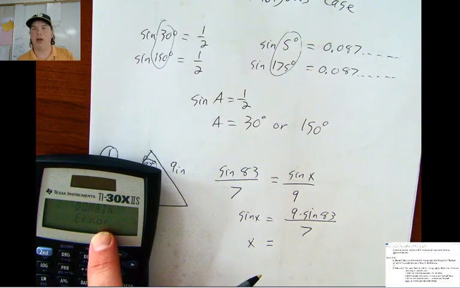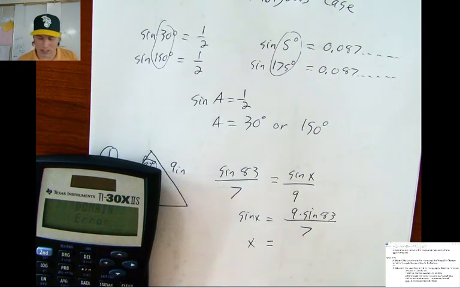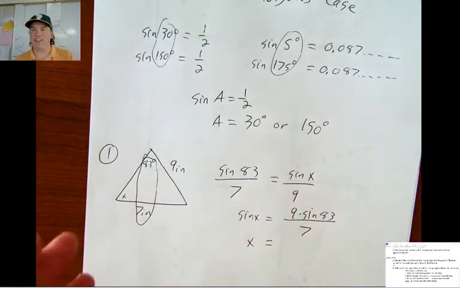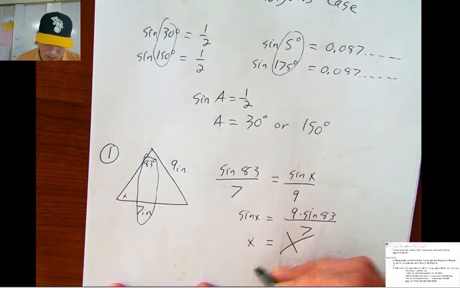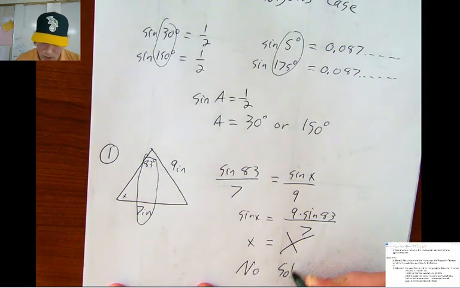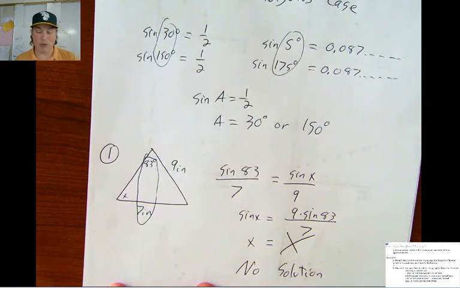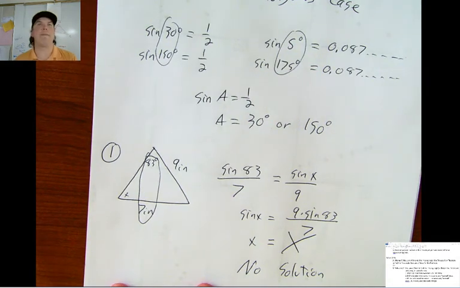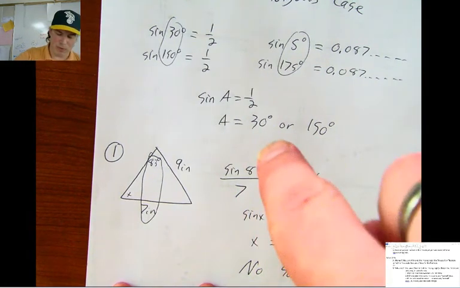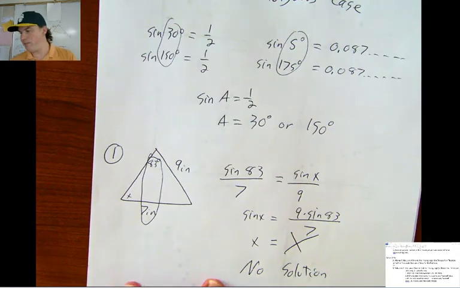Domain error? Oh, interesting. That means that for some reason, this triangle is totally impossible. So this one has no solution. So sometimes when you're given the ambiguous case, that means that triangle doesn't even exist. Amazing. So that's a no solution situation.